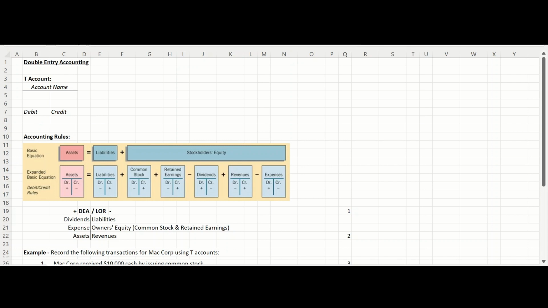So if something happens on the left side of the equation, something also must happen on the right side. Or if there's something on the left side that's an increase, we could also have a balancing decrease on the same side, therefore resulting in zero effect. And then using the double entry accounting method, the total number of debits must equal the total number of credits.